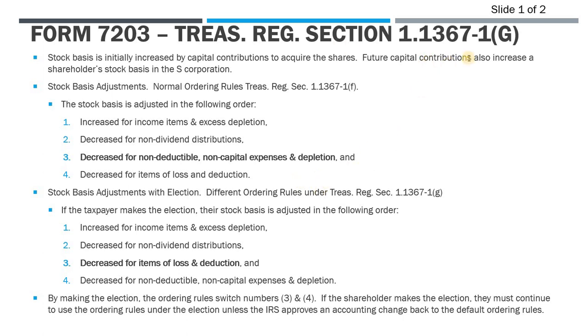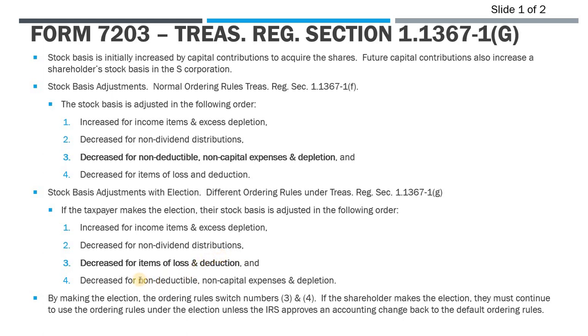Now, this 1367-1(g) election reorders these items. If you make this election, the first two are the same. You increase your stock basis for positive income items and excess depletion. You decrease your stock basis for non-dividend distributions.